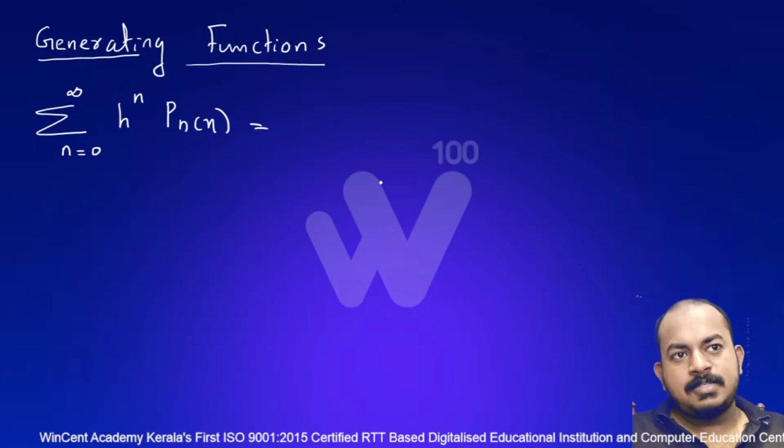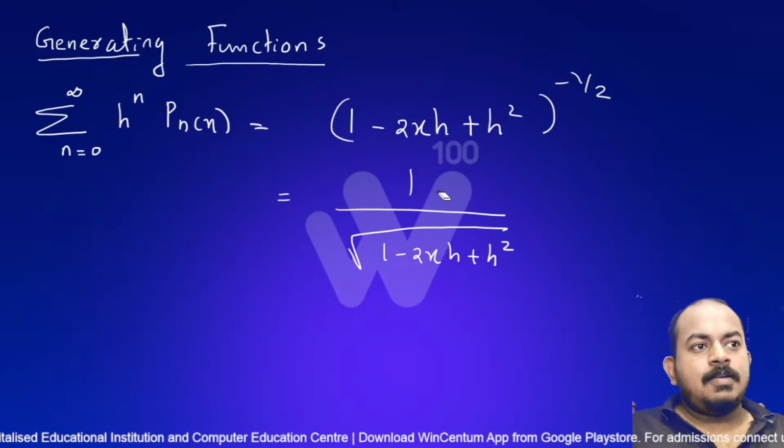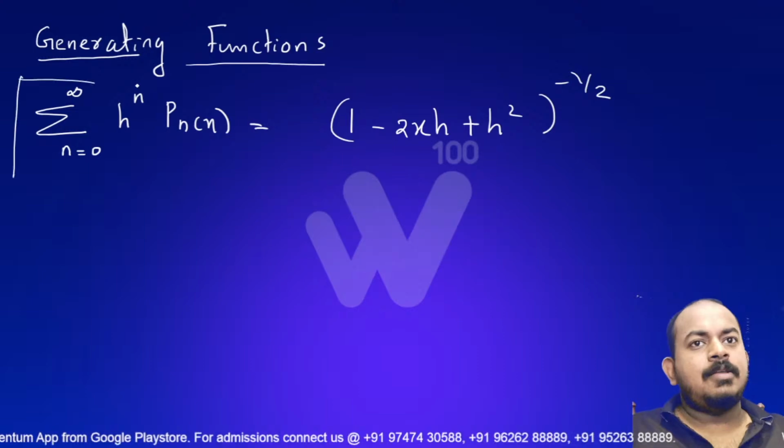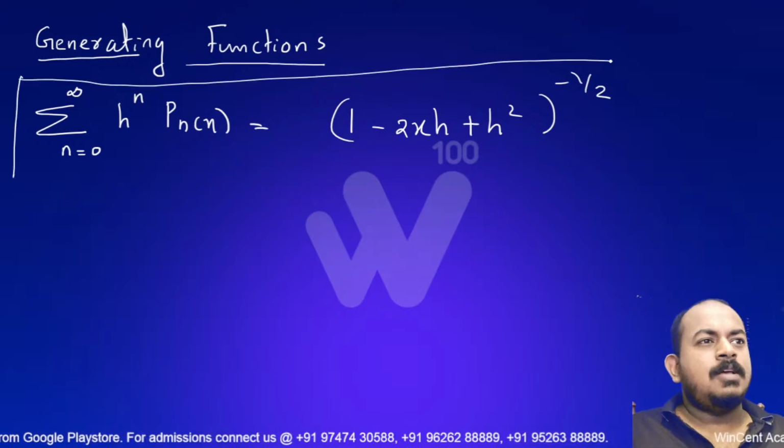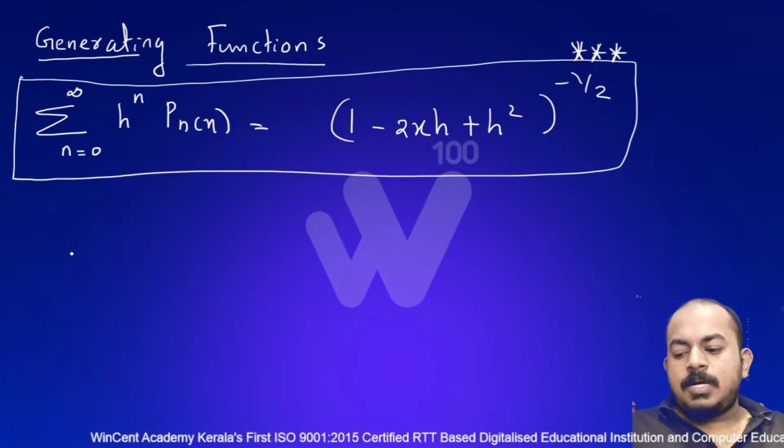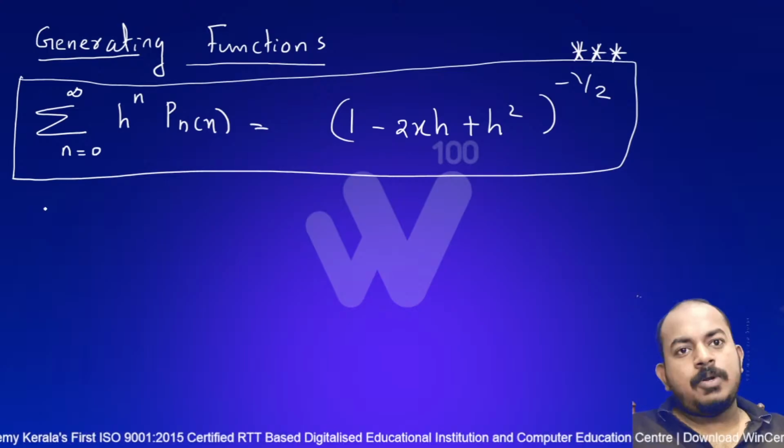We have to learn this generating function by heart, or sometimes it would be given in the question itself, but I suggest you write it down and try to memorize it. So let's see. I'm just going to put x equal to 1.